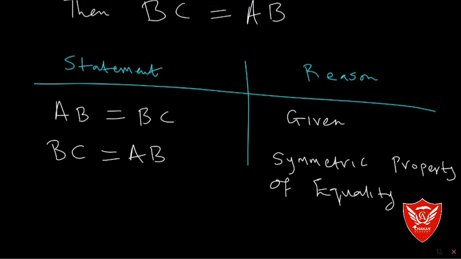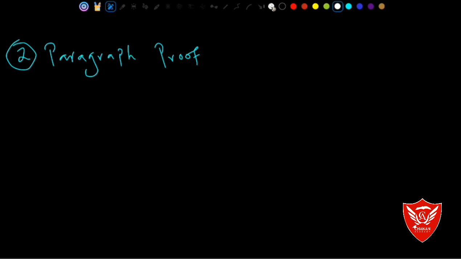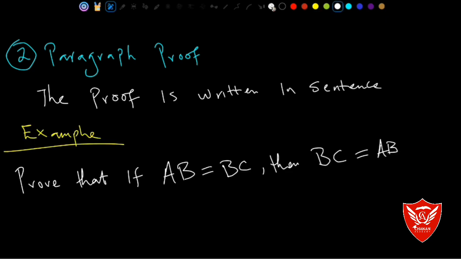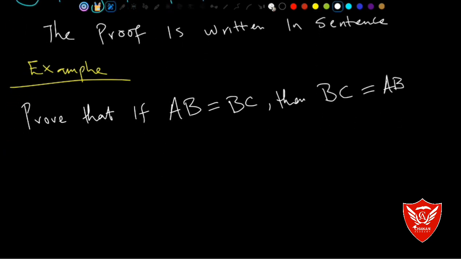All right, so let's look at the second type. The paragraph proof is written in sentences. All right, so let's use the paragraph proof to answer the example we gave above. Using the paragraph proof, we are going to put it in a sentence.